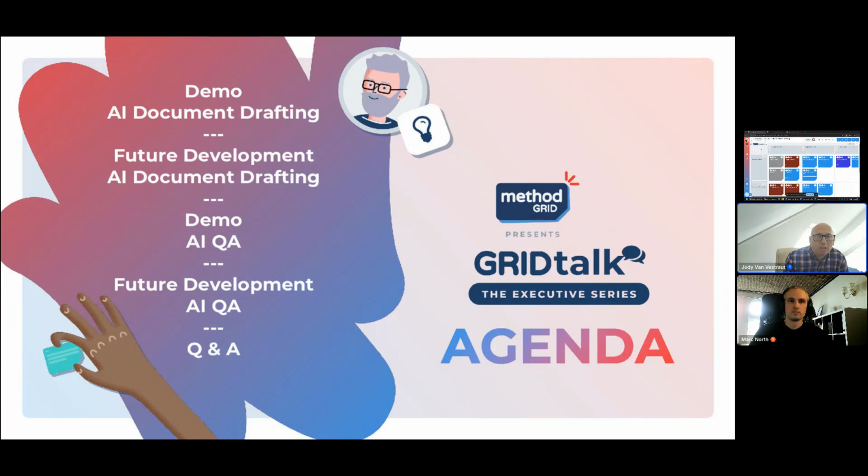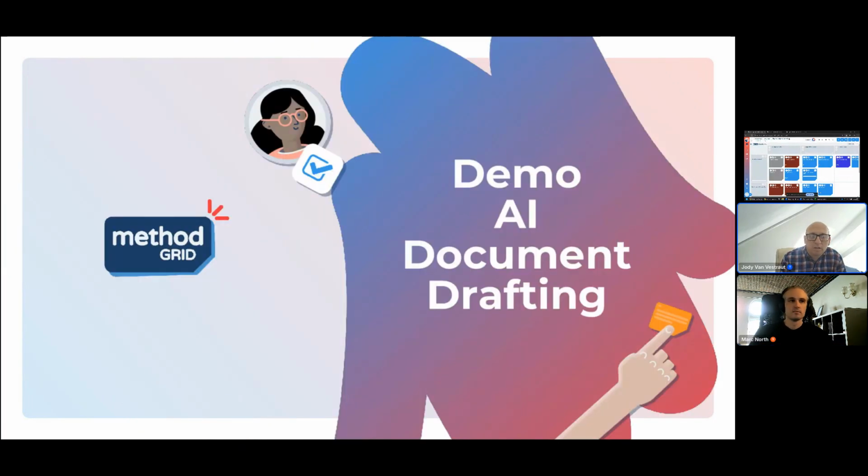I'll then take you through some of the future development ideas we've got for AI document drafting. As I said, ask questions as we go along. After that, we'll demo the AI QA, which enables you to upload a completed document for the AI to assure it and give you a feedback score. Again, we'll look at some future development ideas on that, and we'll finish with a Q&A. So I will hand over to Mark for the first demo.